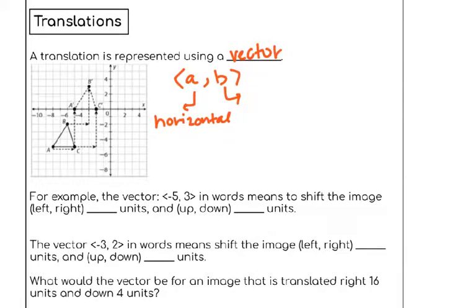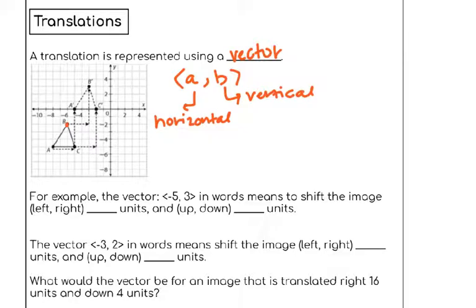And then B is going to represent our vertical change. So really, what this means is you're starting at a point, and anything on this first object is called your pre-image. So ABC is my pre-image.